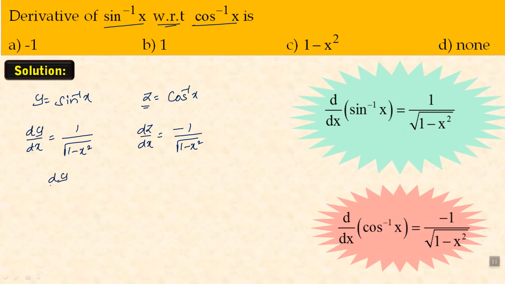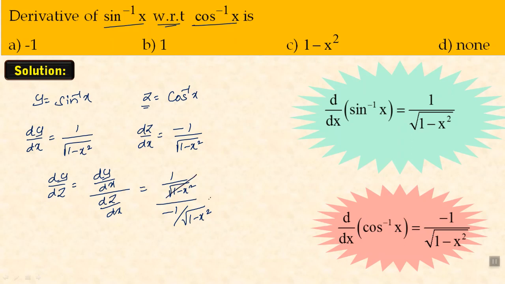Now dy by dz is equal to, here dividing with dx in numerator and denominator, we get dy by dx divided by dz by dx is equal to, dy by dx is 1 by root of 1 minus x square divided by dz by dx, minus 1 by root of 1 minus x square.